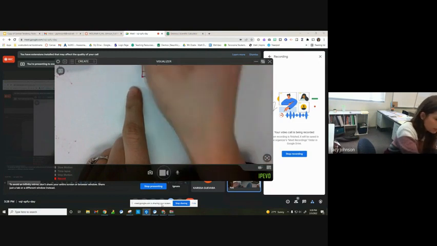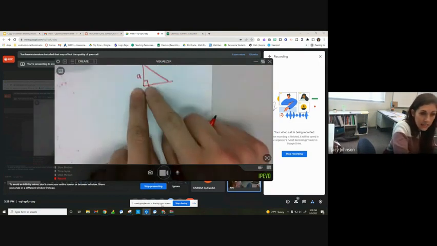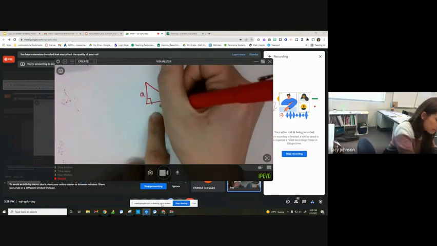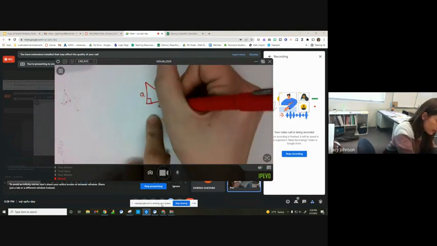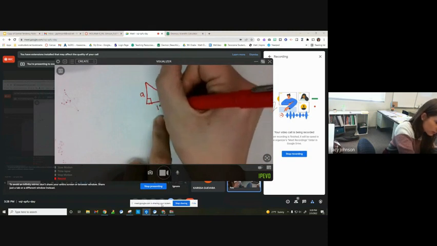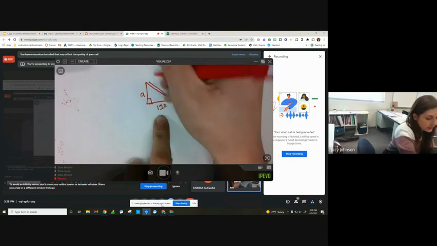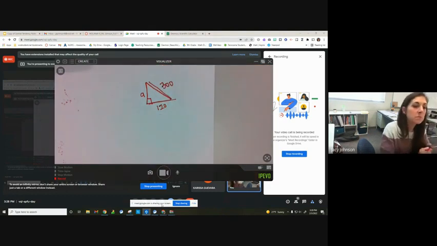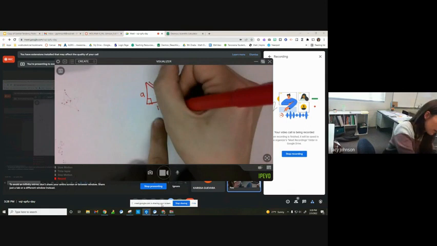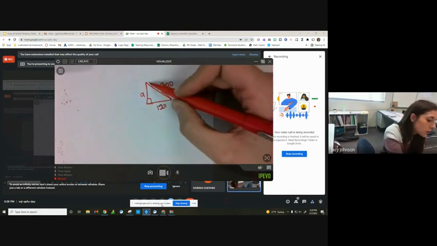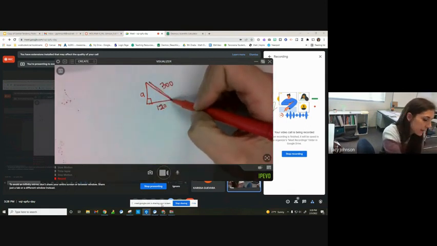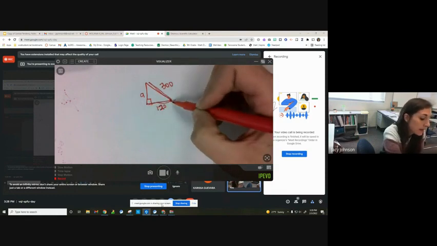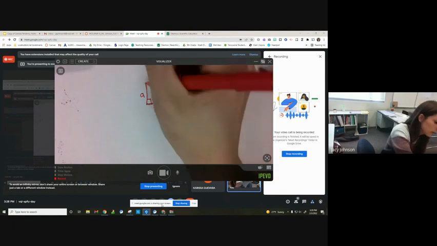So for example, if my unknown side is A, and my length right here is, let's say it's 120, and this length right here is 300, let's say. I'm just making these things up. But let's say I knew how much rope I had to make my zip line, and I knew how far I wanted the base of my zip line to be away from my tree. So here's my tree.